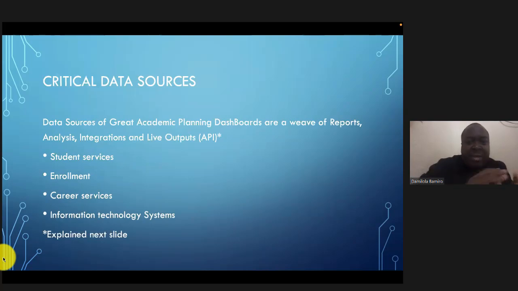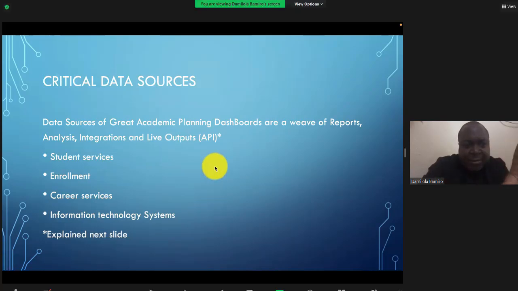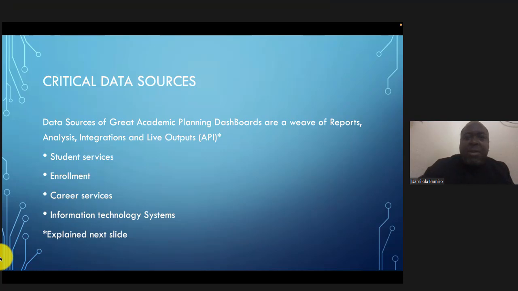Now, like I said, for this dashboard, I will talk briefly about what you mean by an API, but let me just first of all stress that dashboards are a weave of data. You cannot say a dashboard is going to give you just one single piece of information.